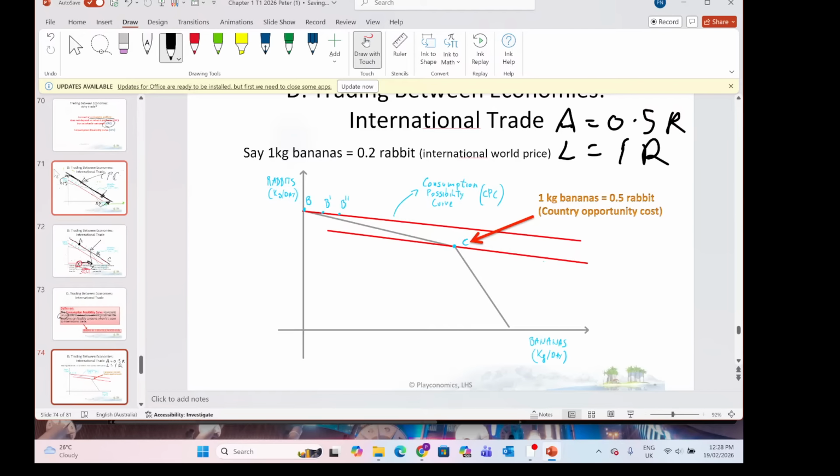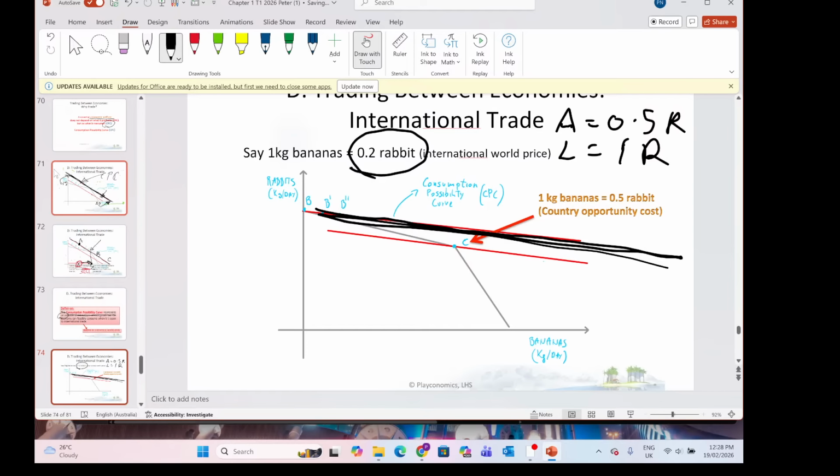What if the rest of the world has an opportunity cost that's lower than both Alberto's and Leo's? So we've got a line here, but actually we can't get a tangent to our line now, right? Because the black line is flatter than both the opportunity cost line for Leo and Alberto.